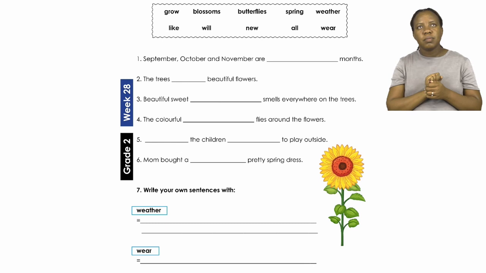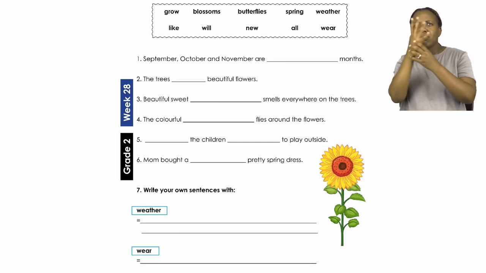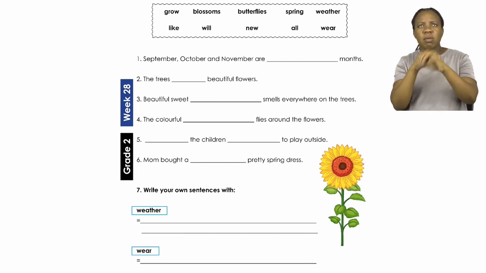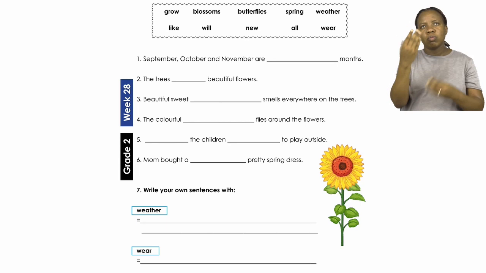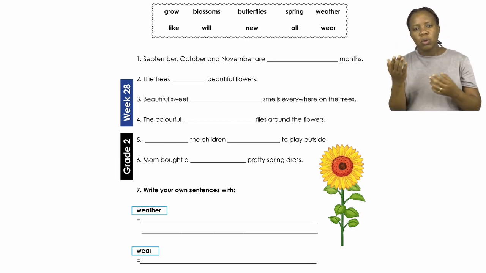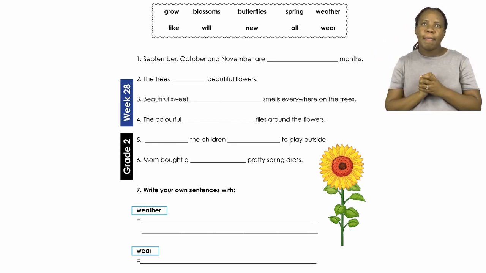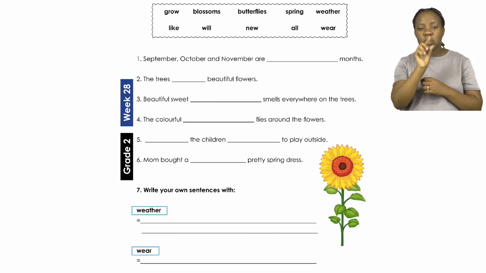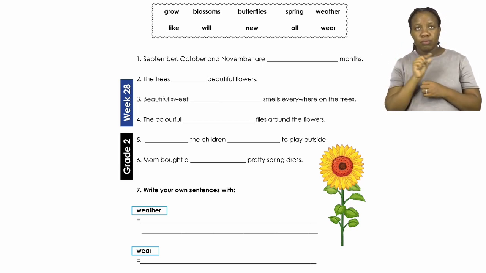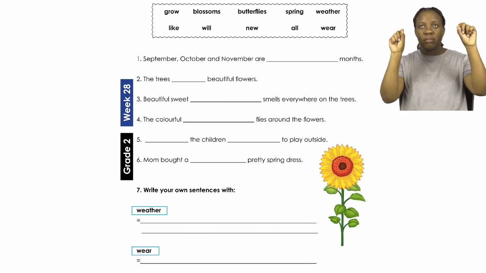These words are grow, blossoms, butterflies, spring, weather, like, will, new, all, and where. Now there you will see there are 6 sentences and you need to use these words to complete these 6 sentences.